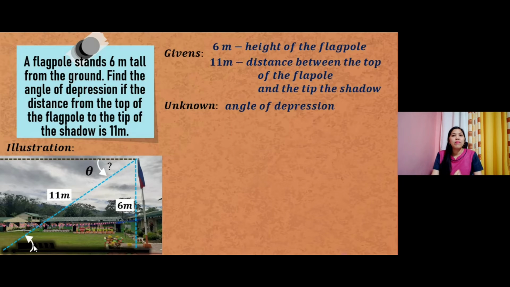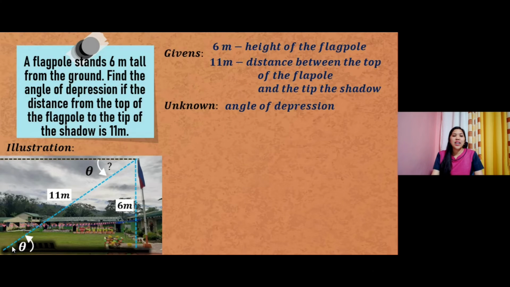Take note, these two parallel lines are cut by this transversal, which is your line of sight. Their relationship is that they are congruent. So since this is theta, this is also equal to theta.